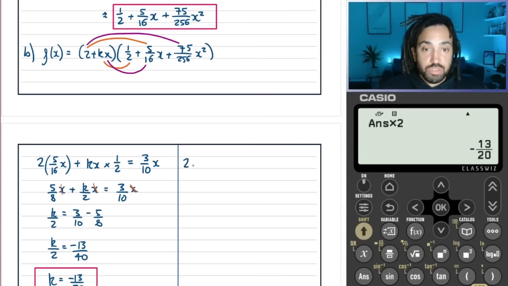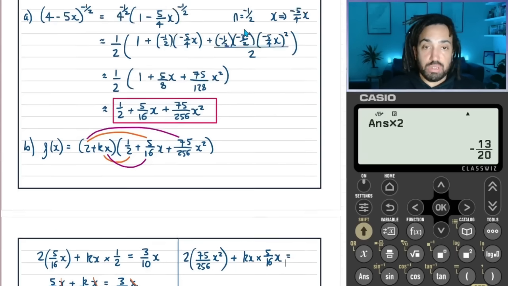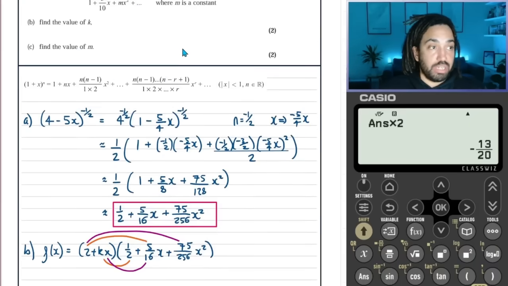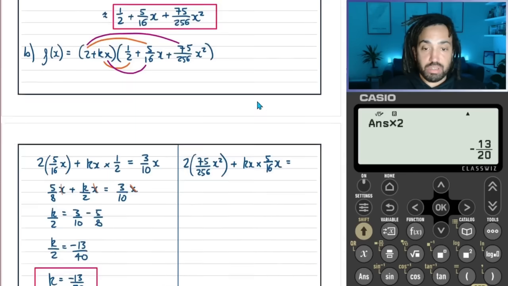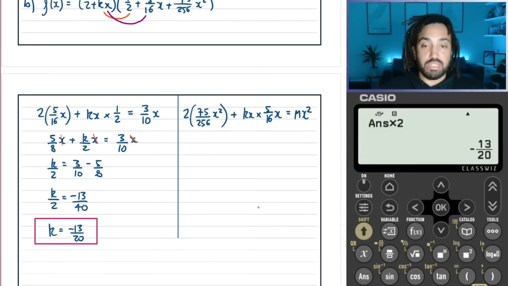So that'll be 2 lots of the 75 over 256 x squared, and then plus the other one will be kx times by 5 over 16 x, and we said that that's going to equal mx squared, as you can see there.